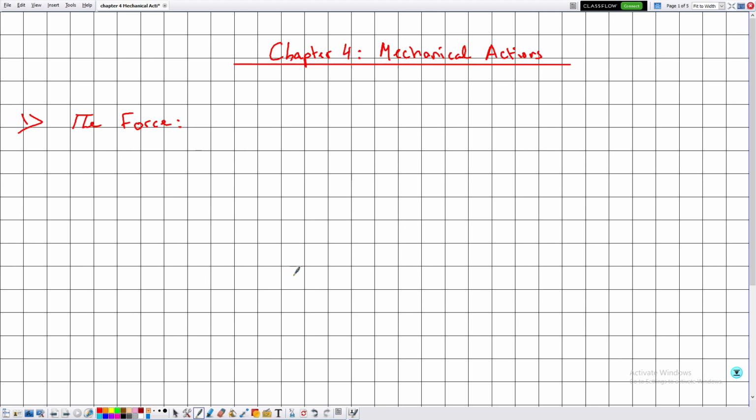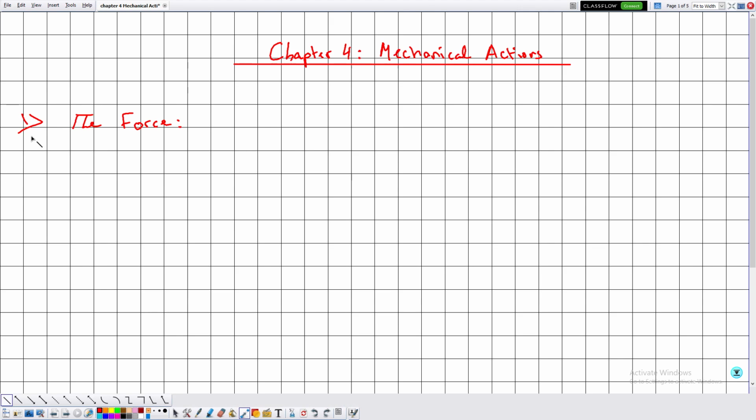Then probably in the previous classes or grades you have defined the force as a push or a pull.